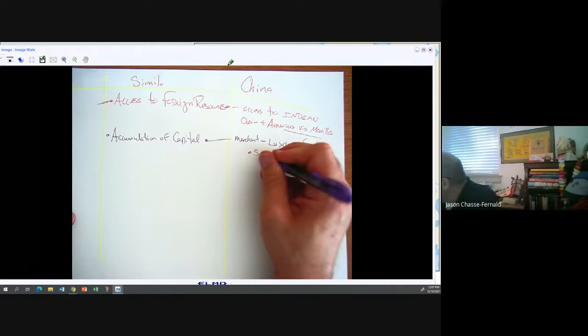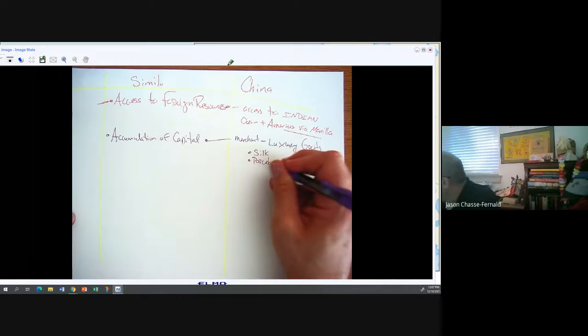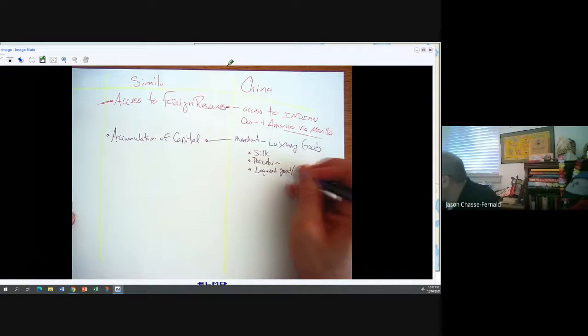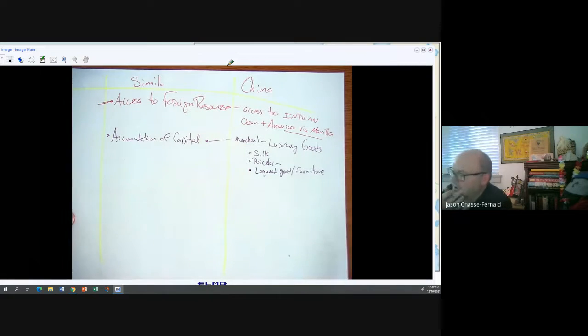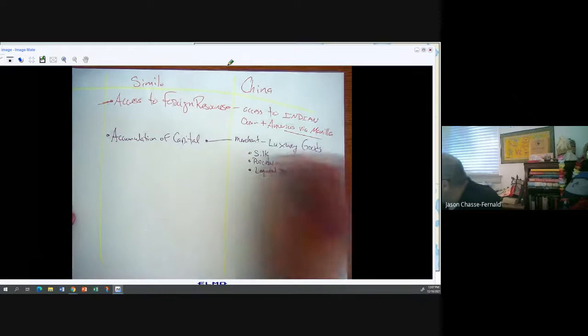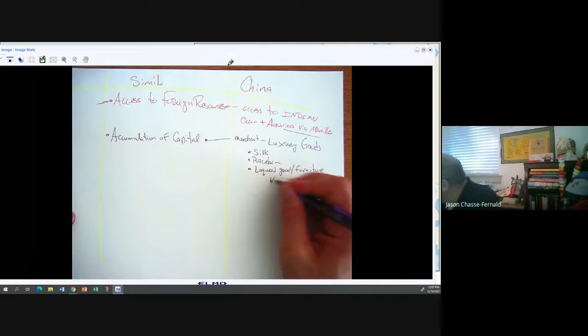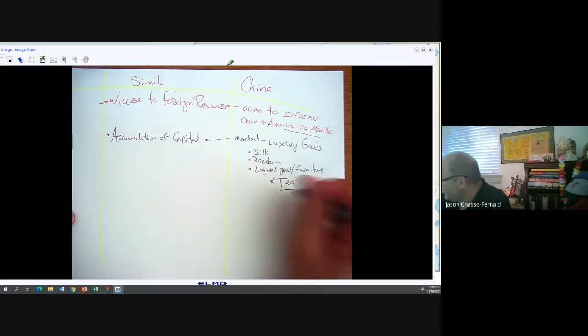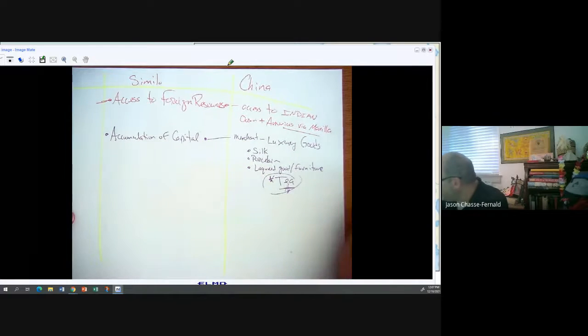So things like silk, porcelain, lacquered goods and furniture. These kind of traditional high-end luxury goods. And also kind of the new big thing is tea, right? Kind of during this time period, we see tea come into its own as a product.